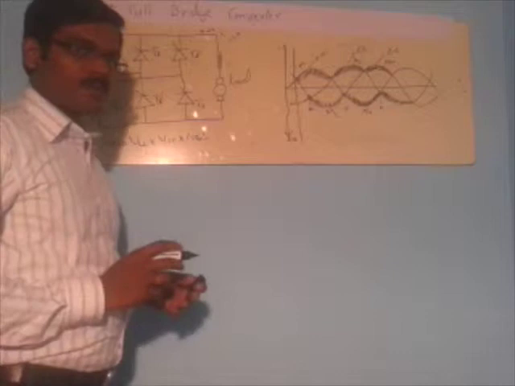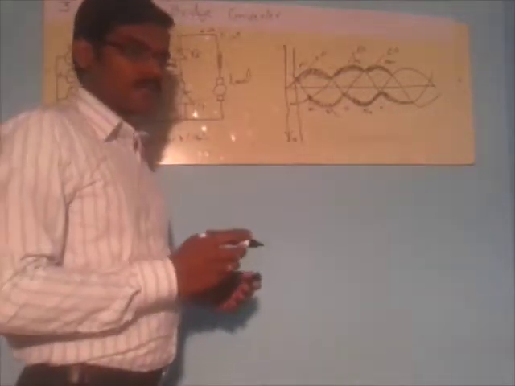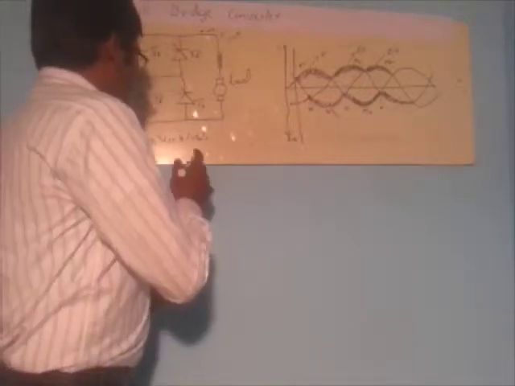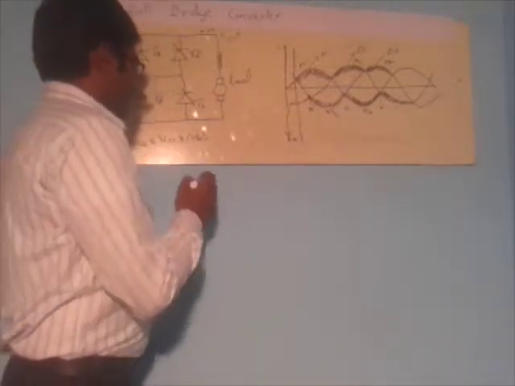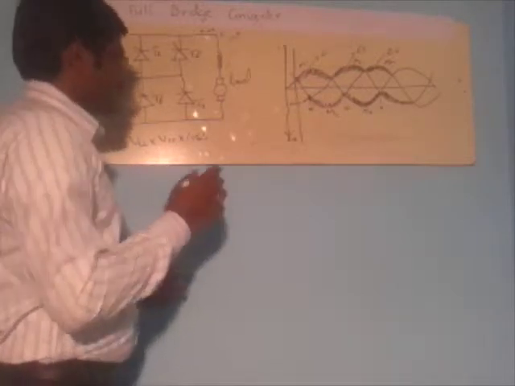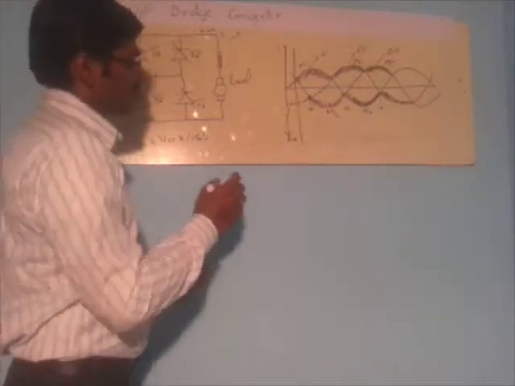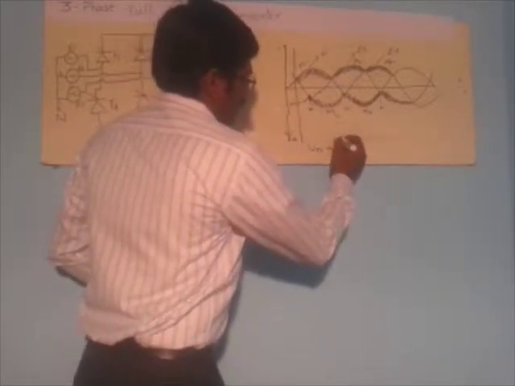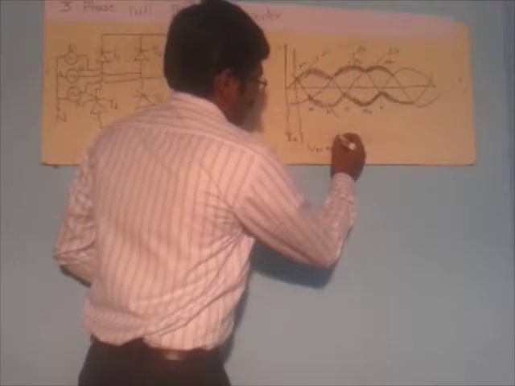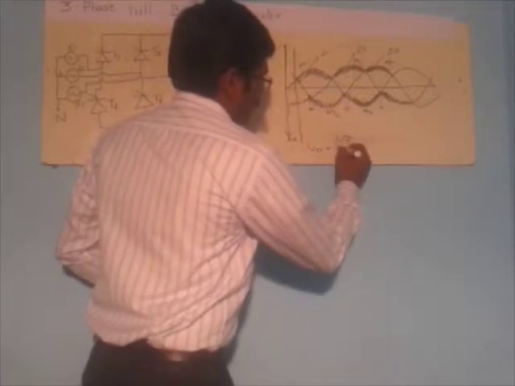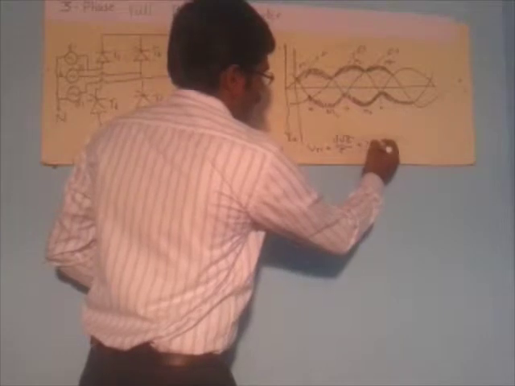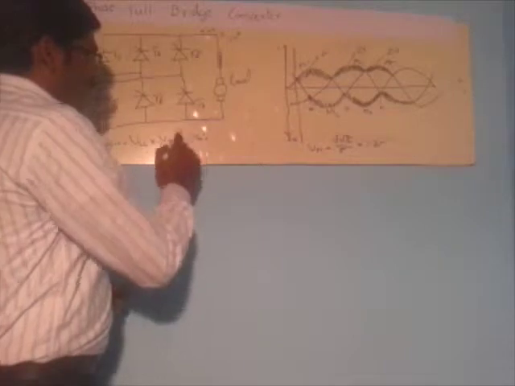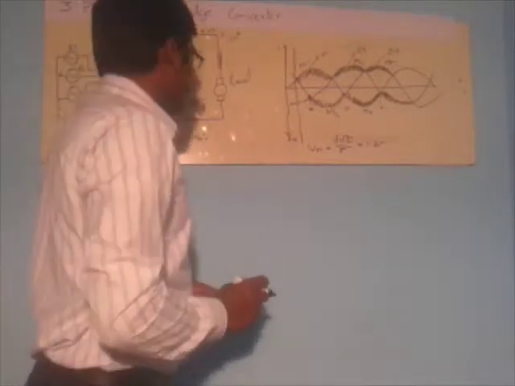Voltage transfer ratio, already I explained, is one of the important performance parameters. It's a constant. In case of a 3-phase full bridge converter, voltage transfer ratio is equal to 3 root 2 divided by pi, that is equal to 1.35, into cos alpha. Alpha is the firing angle.